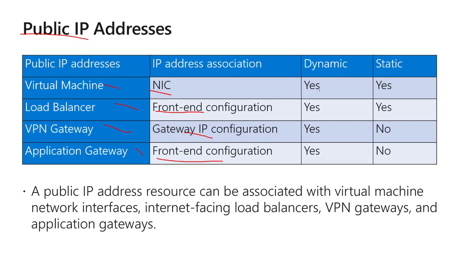So virtual network and load balancer support both dynamic and static, but the application gateway and the VPN gateway only support dynamic. It won't support the static IP.